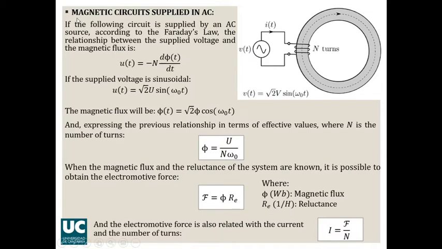So in this slide, what you have is, when the magnetic circuit is supplied in AC, the steps that you need to follow to solve the problem is, first, you calculate the magnetic flux. Second, you calculate the electromotive force. And finally, you can calculate the current that is flowing here in this electrical system, okay?